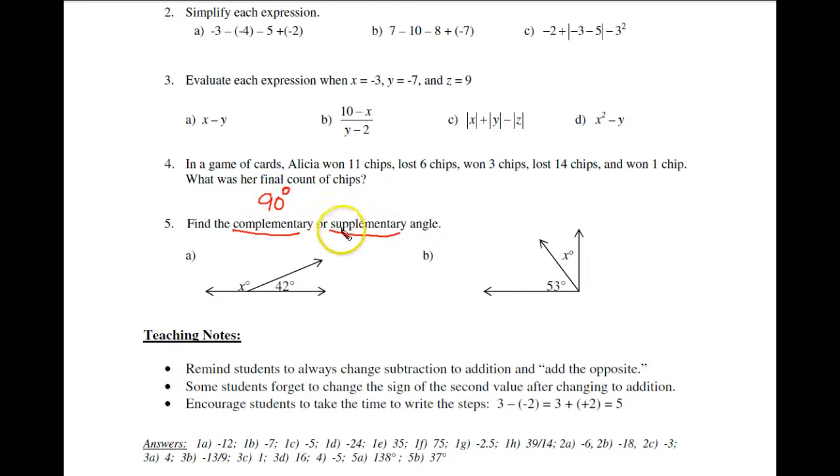If they're supplementary, the total is 180 degrees. Now, you often wonder, is there a way to help me remember which is which? Because if you see the two words, you might wonder, how can I remember which is which? Well, one of the things I do is that the angles are 90 and 180.